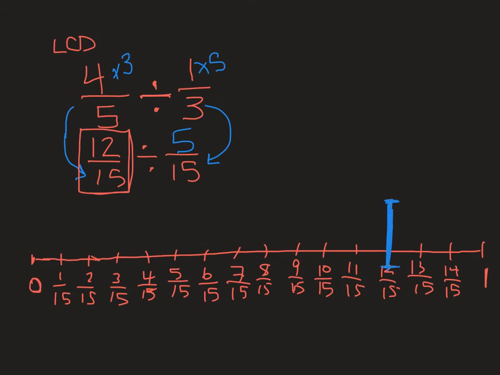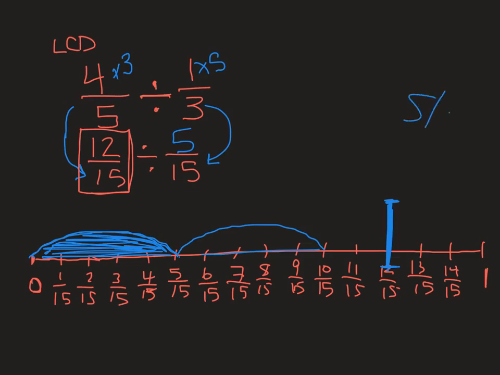Okay, 5 out of 15 means that I have to skip count by 5s in order to get there. So I have one skip count that I can do. It takes me from 0 to 5 out of 15.